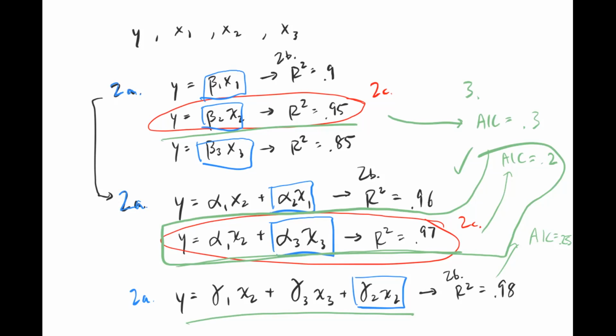You'll notice actually, if you're looking carefully, that we've looked at a total of 1, 2, 3, 4, 5, 6 models. But in fact, we should have 2 to the 3, which should be 8 models.